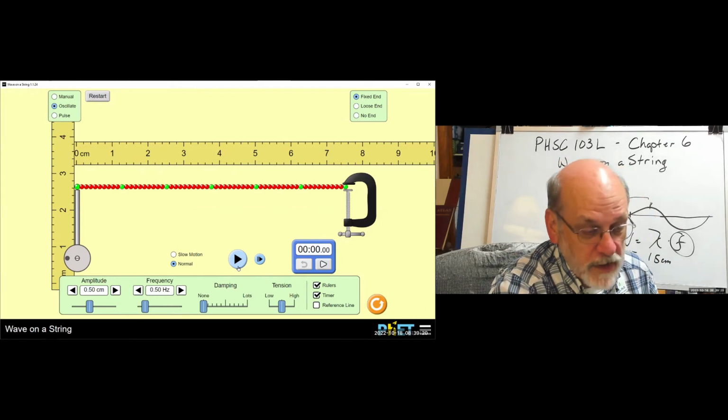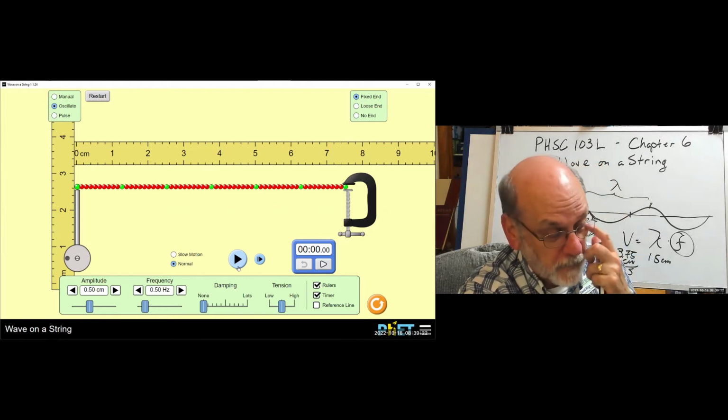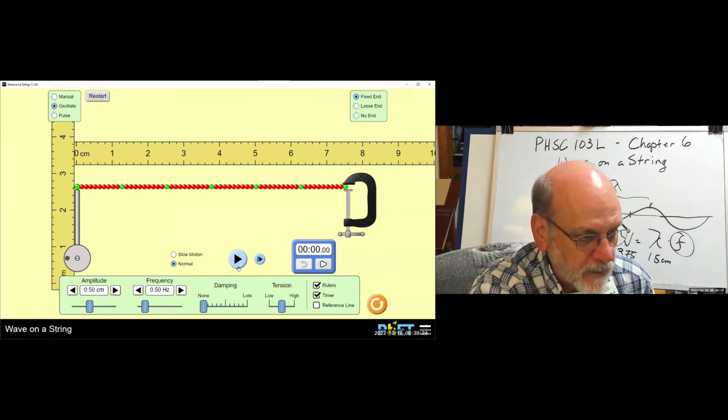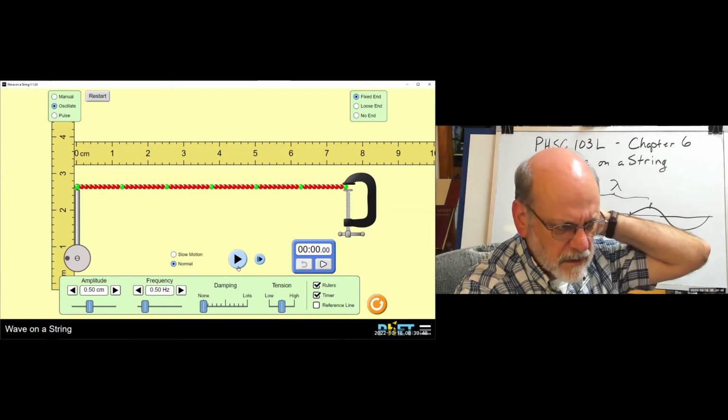It defines what a node and an antinode are, between 2 nodes. All right, it's not telling us to start the sim at all. Hold on a second. Calculate and record the speed of the wave in the table. Use the ruler. Okay.